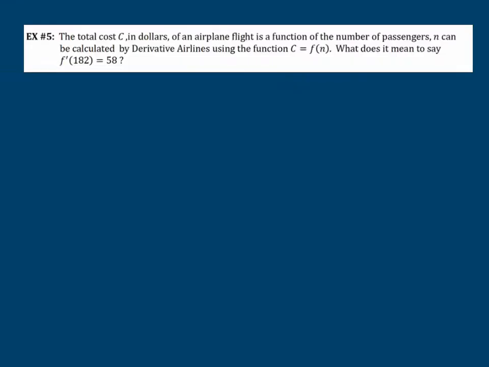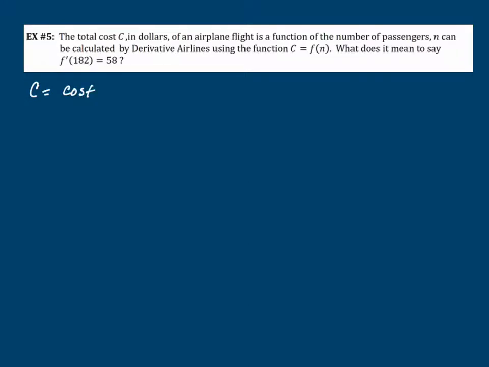All right, let's look at number 5. The total cost C in dollars of an airplane flight is a function of the number of passengers, and can be calculated by Derivative Airlines using C equals F of N. What does it mean to say F prime of 182 equals 58? So first of all, C is equal to the cost.